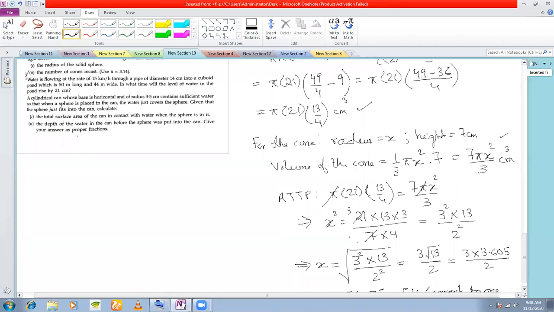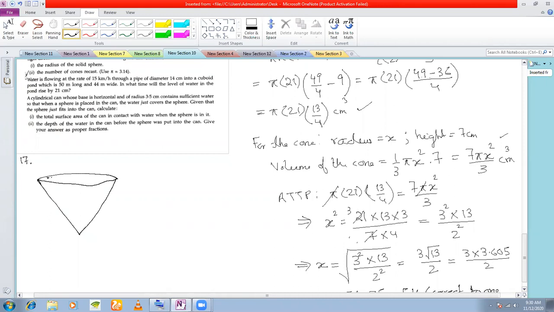A vessel in the form of an inverted cone is filled with water to the brim. So you have this as your inverted cone here. This is number 17.